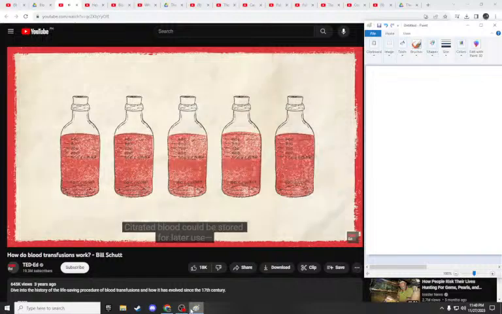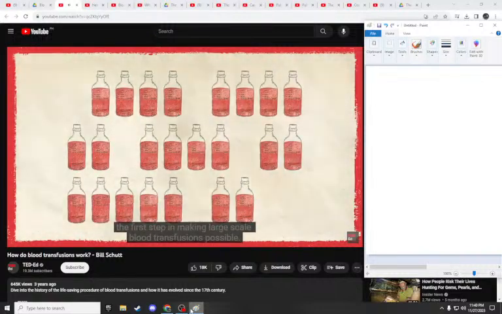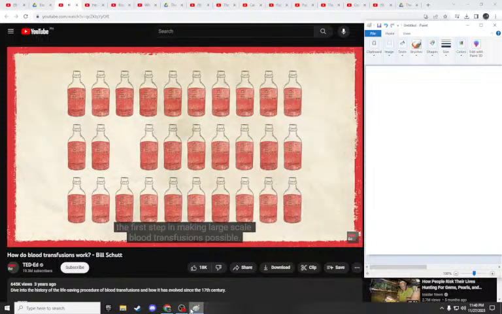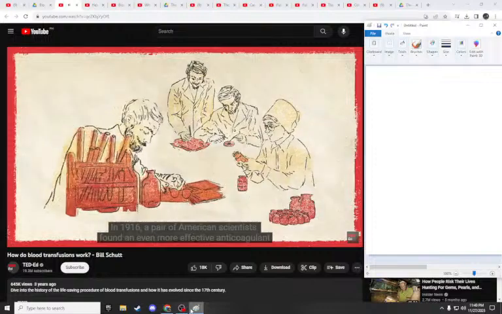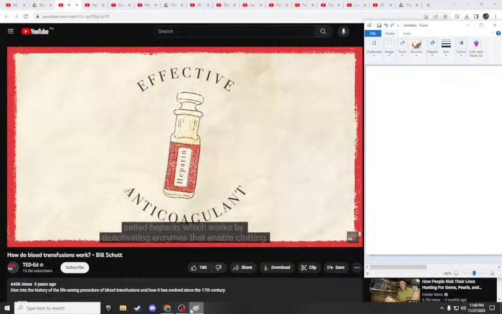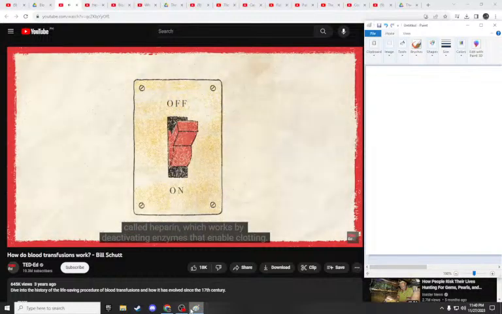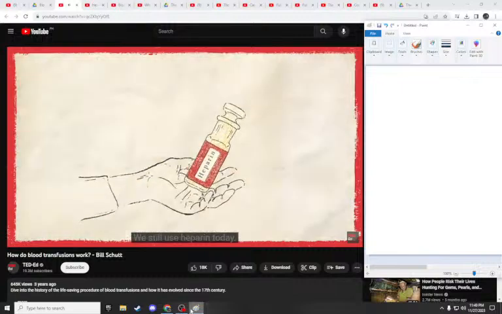Citrated blood could be stored for later use, the first step in making large-scale blood transfusions possible. In 1916, a pair of American scientists found an even more effective anticoagulant called heparin, which works by deactivating enzymes that enable clotting. We still use heparin today.